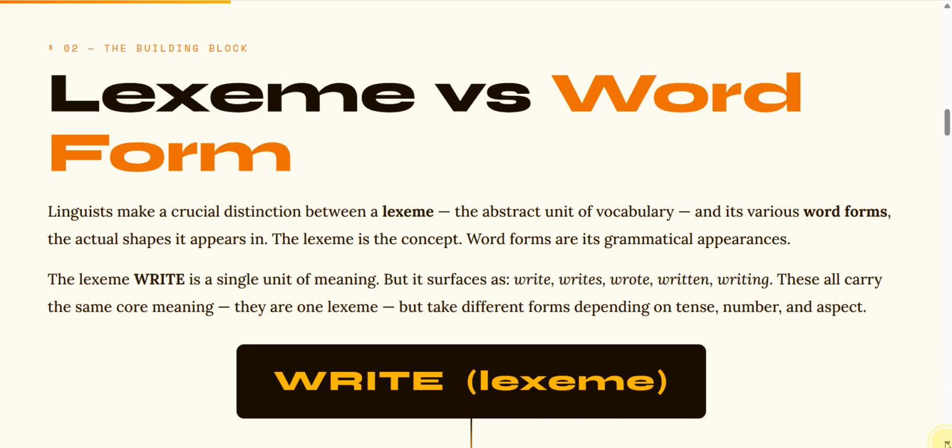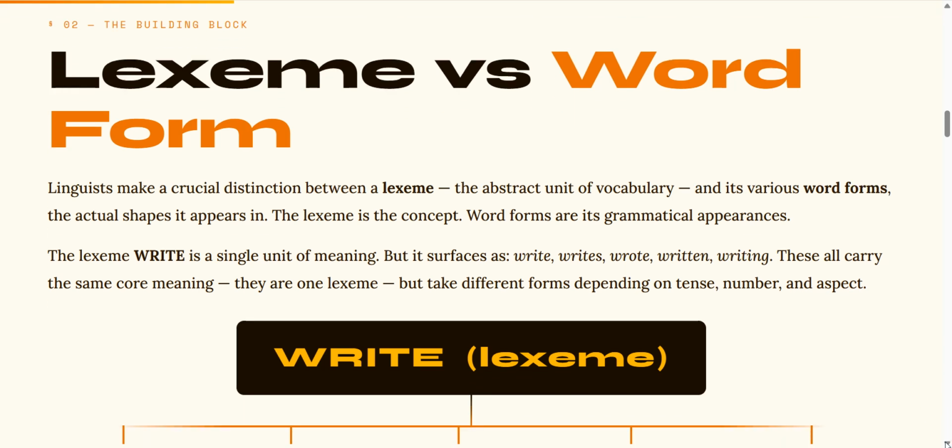Then moving on to the second part, the building block: lexeme versus word form. It is one of the most crucial concepts in semantics. Linguists make a crucial distinction between the lexeme, the abstract unit of vocabulary, and its various word forms, the actual shapes it appears in.